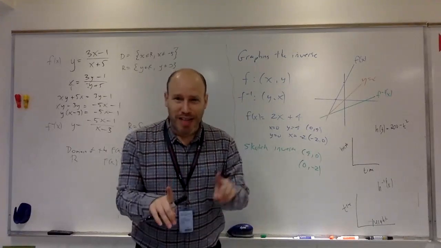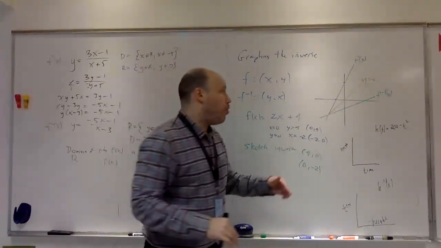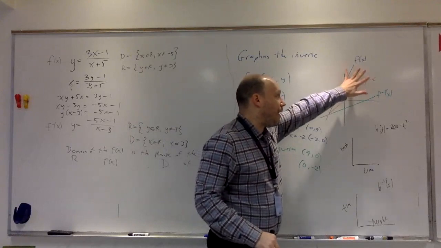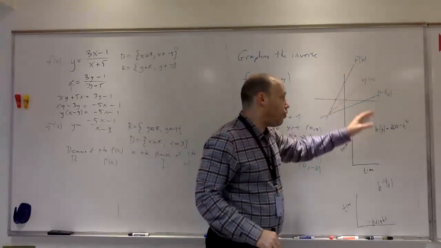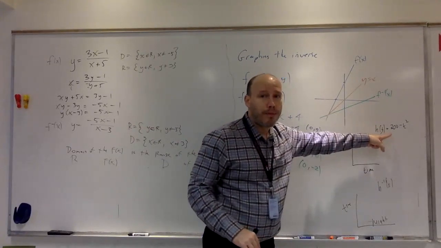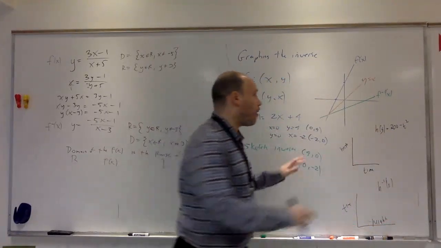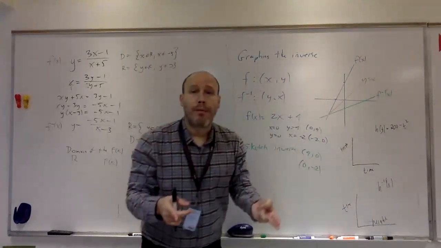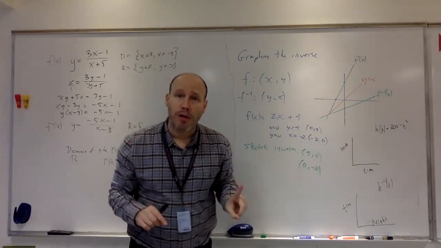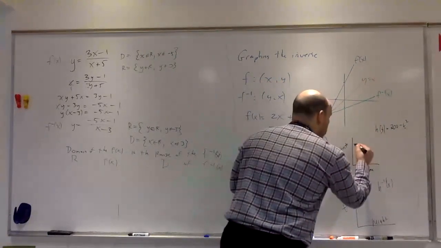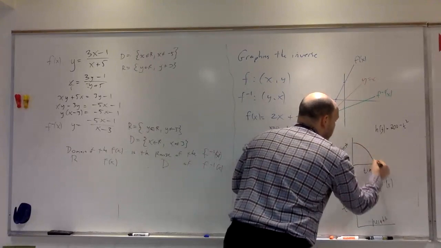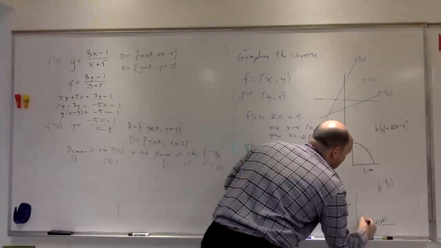You're never going to see this because of that, but I'm just telling you, you can graph a function and its inverse on the same graph, but once you start talking about real world problems, you need to separate the 2 graphs, what they look like. We studied parabolas and its inverse. That was the first thing we talked about. It looks like this, and the function looks like that.